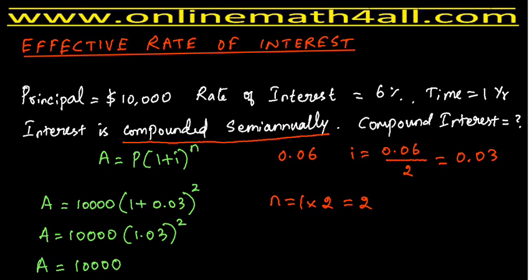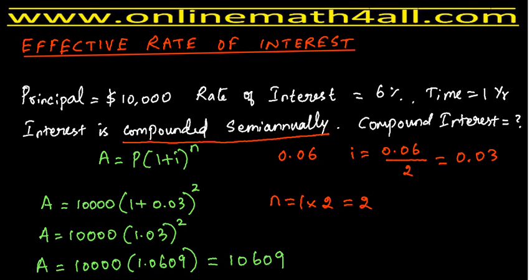If you take the square of 1.03, we get 1.0609. Now the two values, 10,000 and 1.0609, are to be multiplied. When you multiply, we get 10,609. So this is the value we get for A, that is, the compound amount is 10,609.